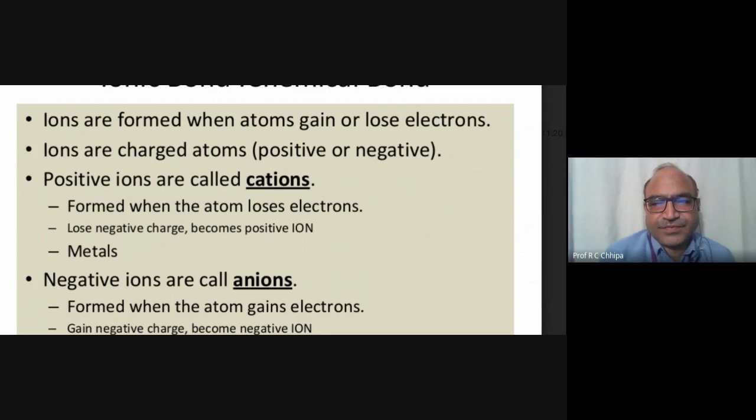Why a positive charge? An ion has a positive charge because of the loss of electrons, and a negative charge because of the gain of electrons. Positive ions are called cations and are formed when the atom loses electrons. If electrons, which are negatively charged particles, are lost, then the atom becomes a cation with a positive charge.